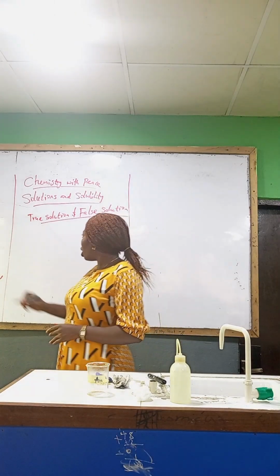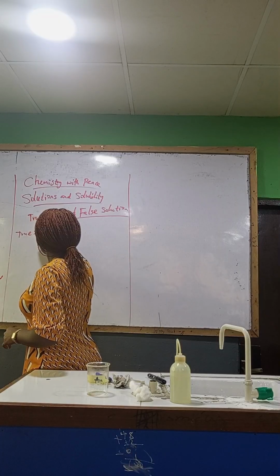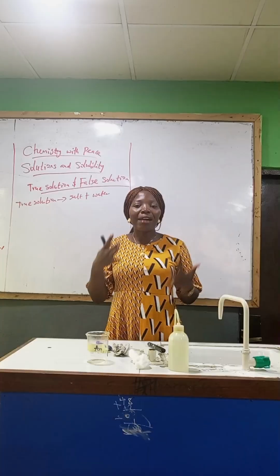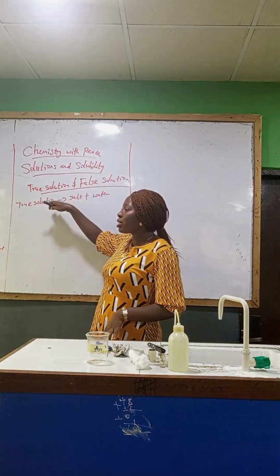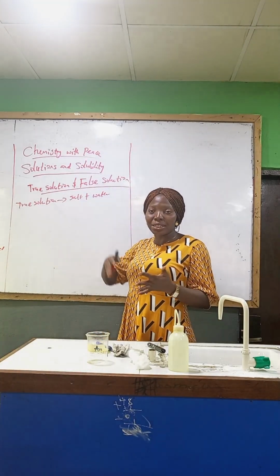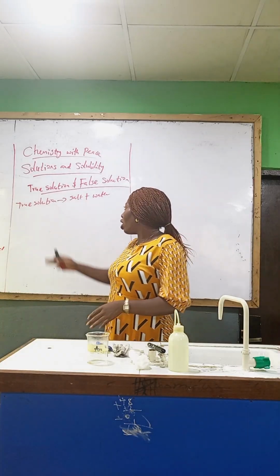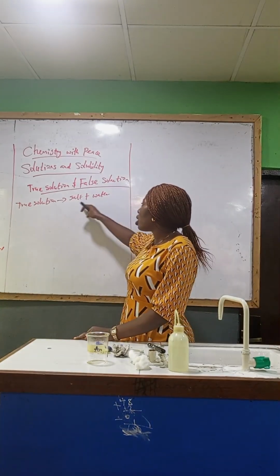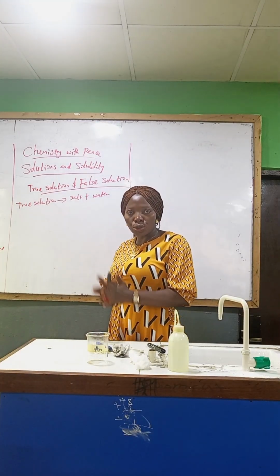So we have true solution and false solution. True solution is a solution whereby these particles get in between itself. Under true solution you have salt and water. When salt dissolves in water, it forms a true solution.